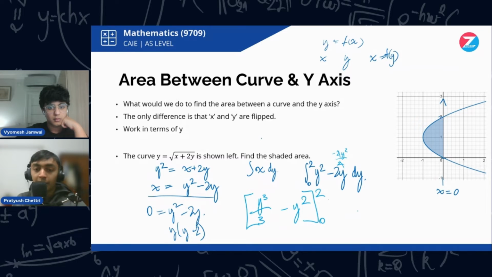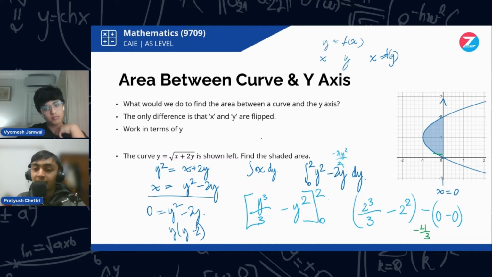First I'm going to do y is 2: 2 cubed over 3 minus 2 squared. And subtract, substituting in 0, which is just 0, because both of these become 0. And the value this gives me is minus 4 by 3.